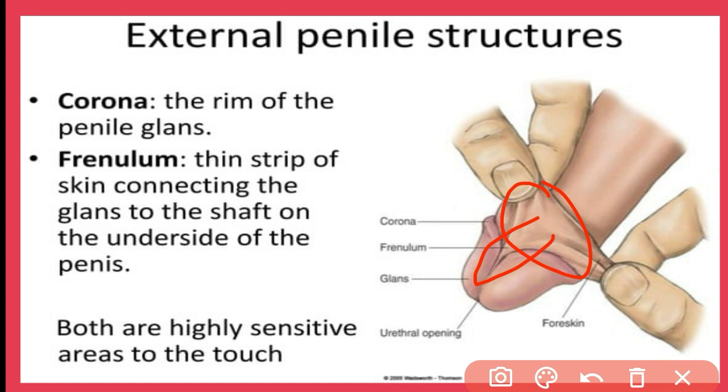Both corona and frenulum are highly sensitive areas to touch, and here is the urethral opening. There is a release of sperm and urine. This is the corona, this is the frenulum, this is the foreskin, and this whole part is the glans of the penis.